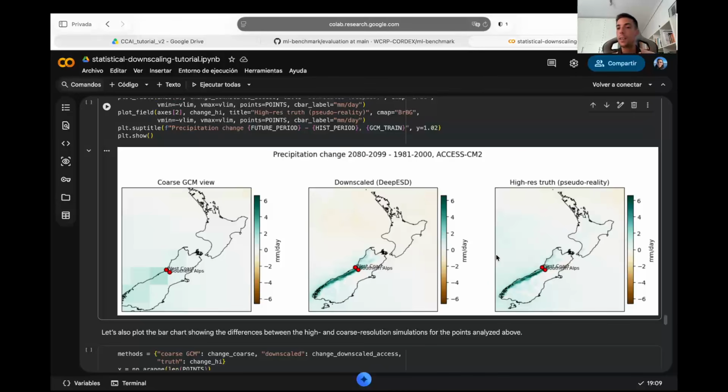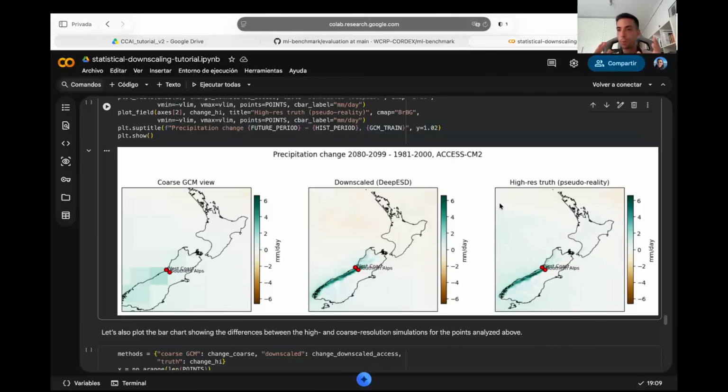So this is ideal, because this means that we are able to downscale a GCM with a statistical model which is orders of magnitude less computationally expensive than an RCM.